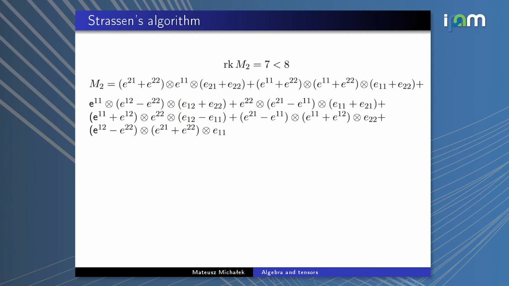Add to it, and so on and so on. You have to do 7 such quite complicated things, but it's a completely different algorithm to multiply 2 by 2 matrices than the usual one we all know.